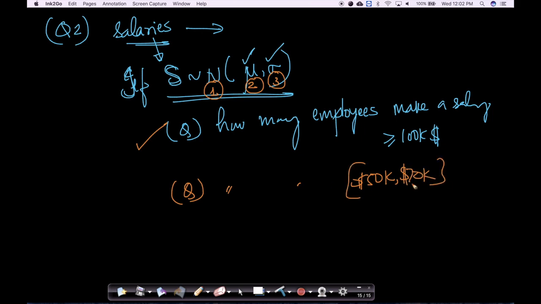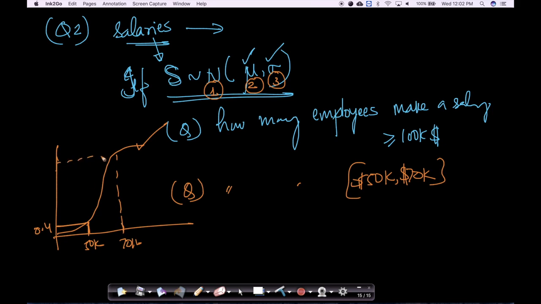Right? I can again read this from the CDF. Imagine if this is the CDF, and if this is $50,000 and this is $70,000, and if this value let's say is 0.4, and if this value is 0.7, I know that about 30% of points lie between $50,000 and $70,000.